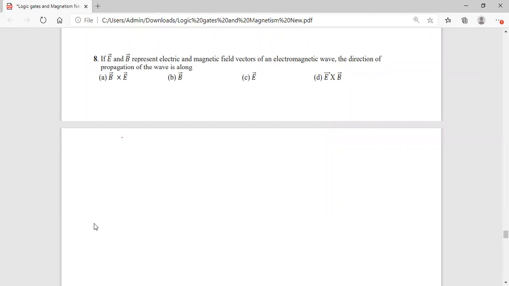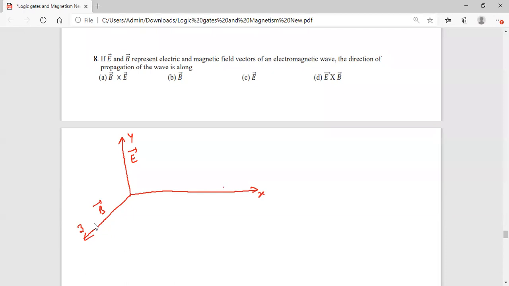We know that this is the direction of electric field vector E. Electric field vector is acting in y direction, I will take, and this is the direction of z axis. That is the direction of magnetic field vector. Now the direction of propagation is along x axis.